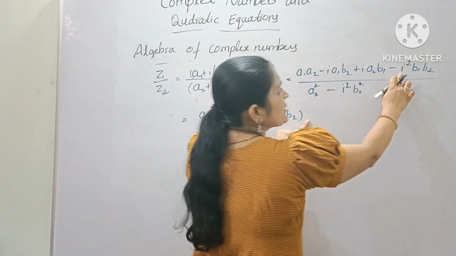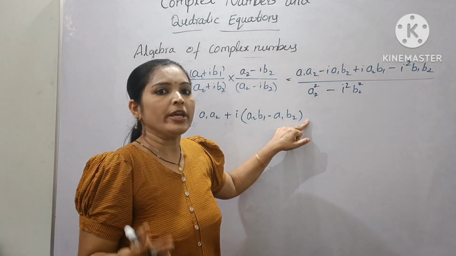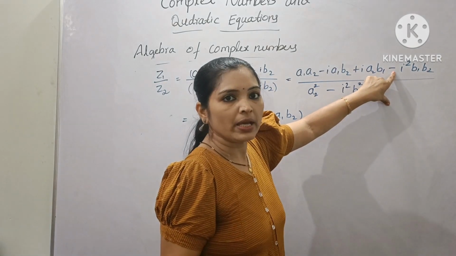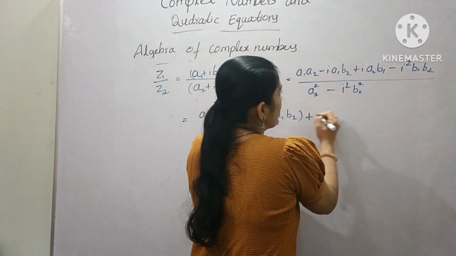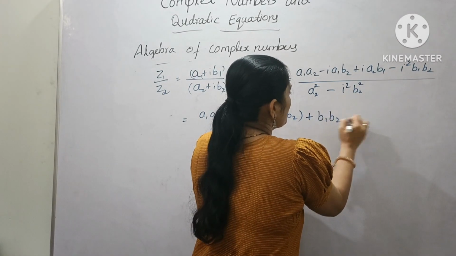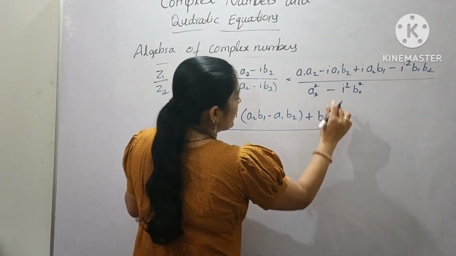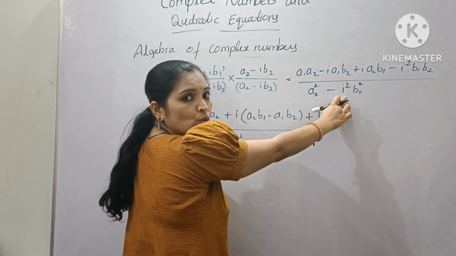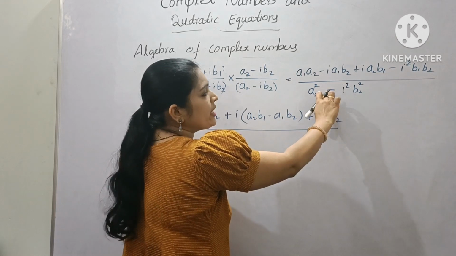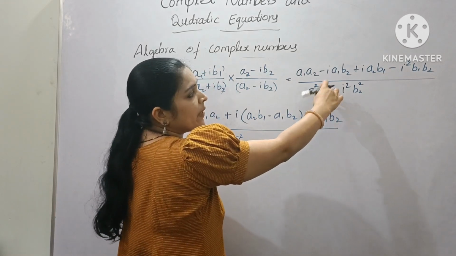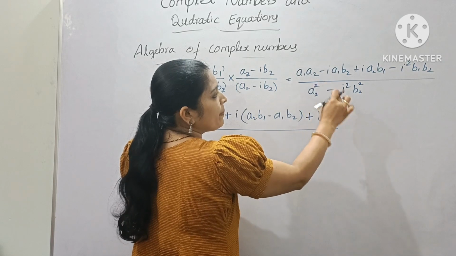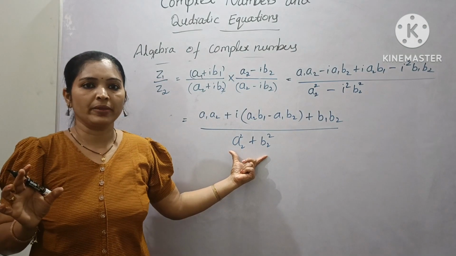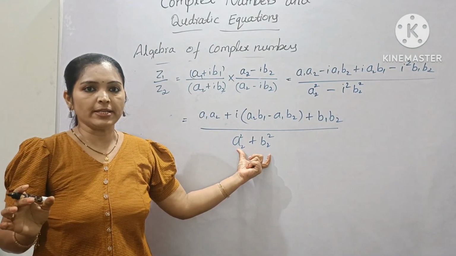Here the i square value is minus 1, so minus 1 into minus will be plus b1 b2, divided by a2 square, and here also i square value is minus 1, so minus 1 into minus becomes plus: a2 square plus b2 square. Now it has become a real number, no imaginary part, isn't it?